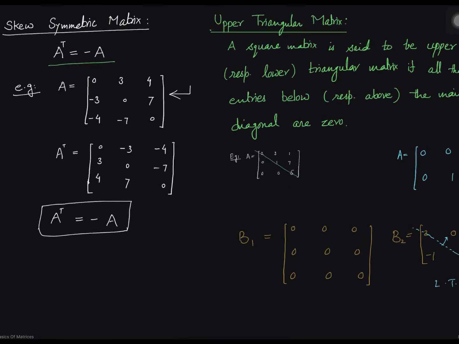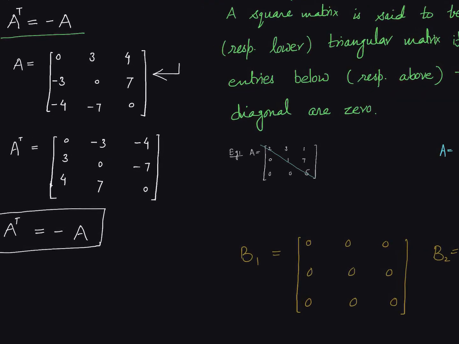You can check that if you take its transpose, first row will become first column, second row will become second column, and third row will become third column.